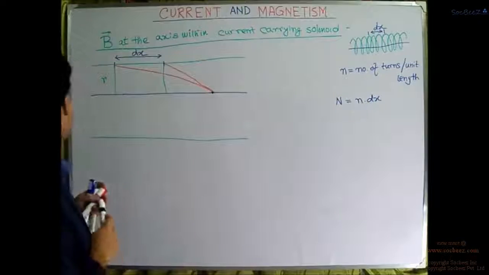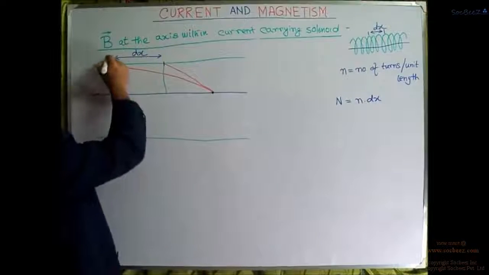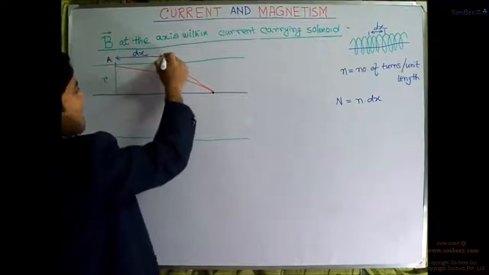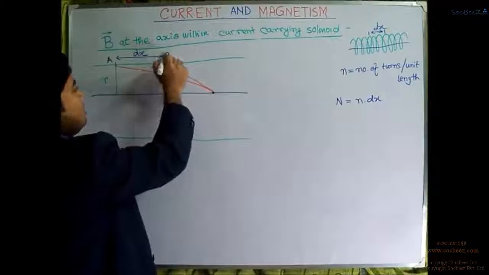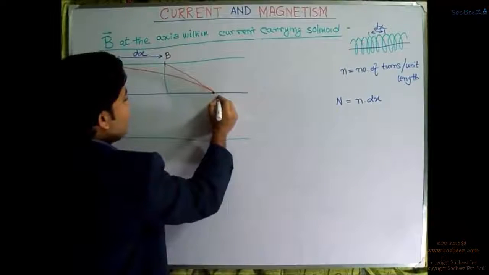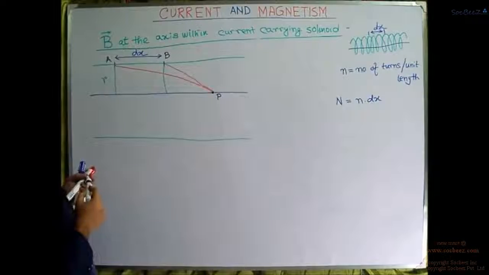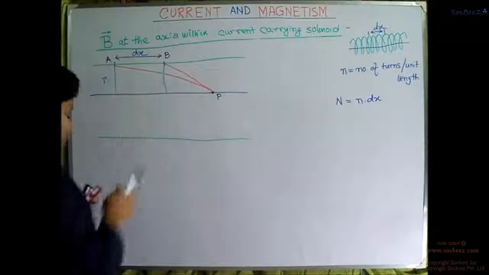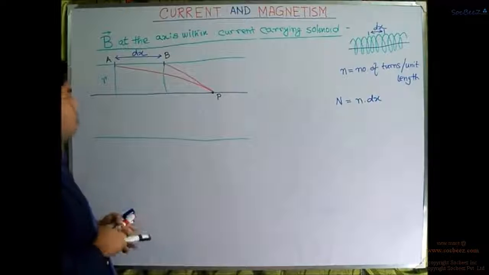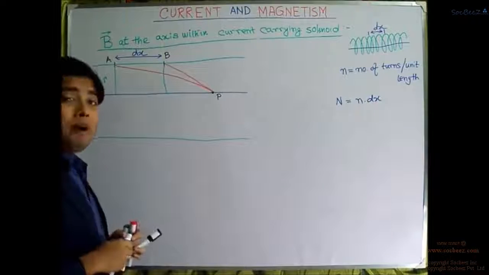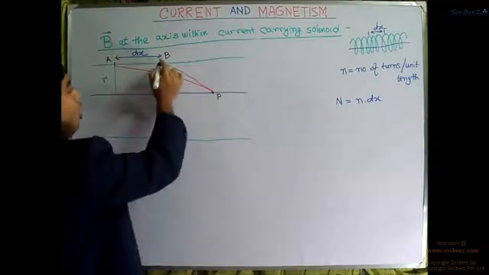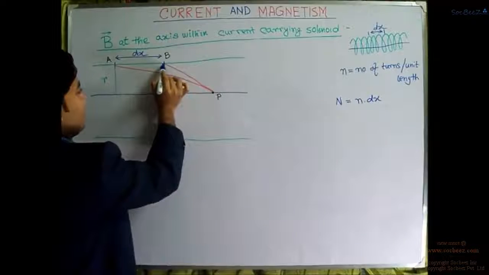Now let us term this point as A, this as B, this as, say, P, and from this point we wish to draw the perpendicular on this line.